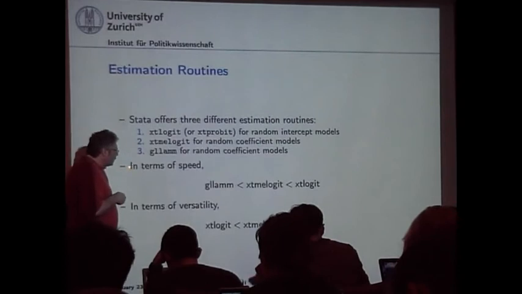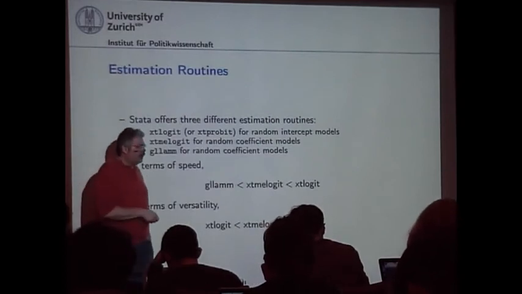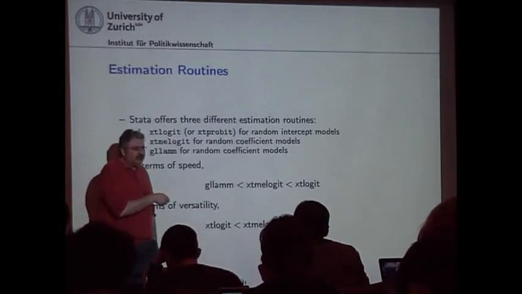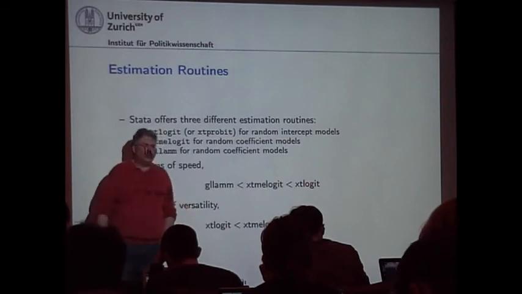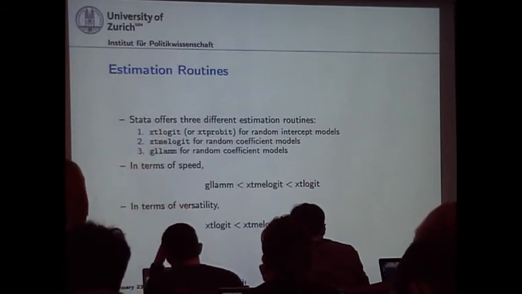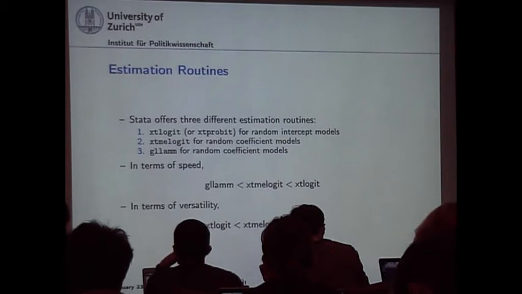If all you care about is speed, if you have just a random intercept model, use xtlogit because it's by far the fastest. Don't use ELECDEM because it's the slowest, although it has improved considerably.